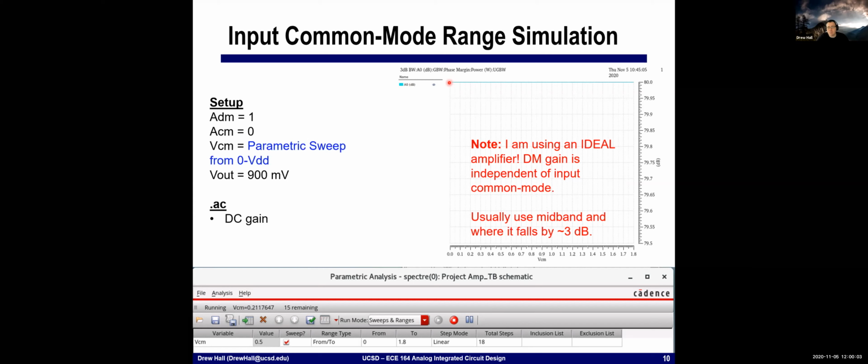And normally you would see something that looked a little bit more like this, kind of this inverted bathtub. Again, since I'm using an ideal amplifier, mine doesn't have an input dependent gain. Okay. Usually you'll define the input common mode range where the gain falls off by about 3 dB from its maximum. And so that would be this range that I've shown here in blue.